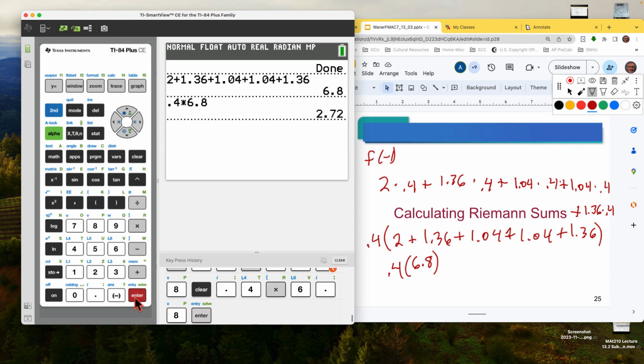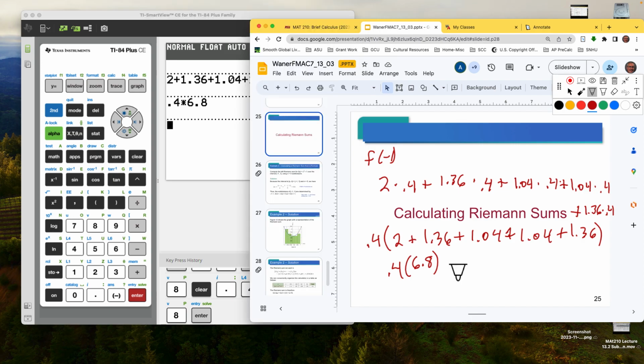Is 2.72. And what is that? That is the area under that curve. Okay.